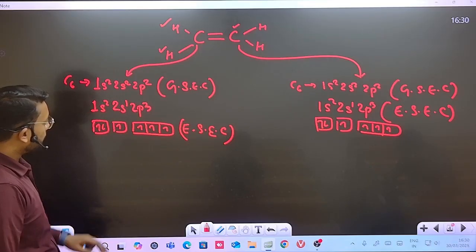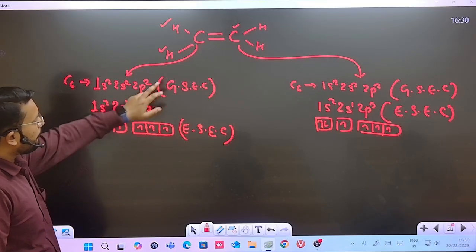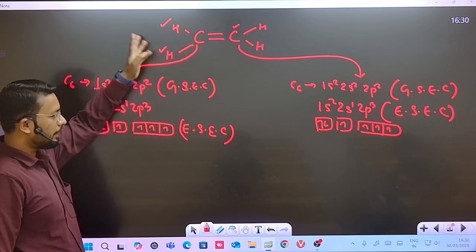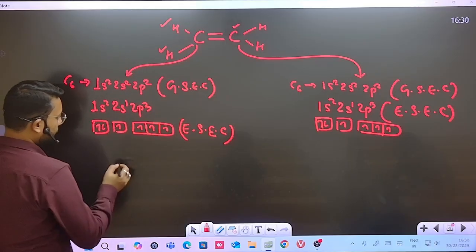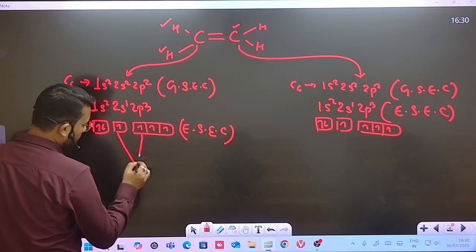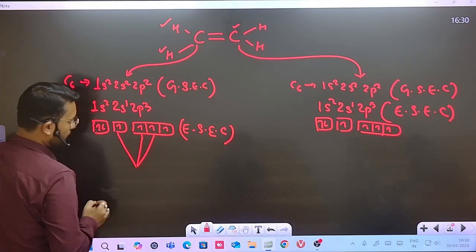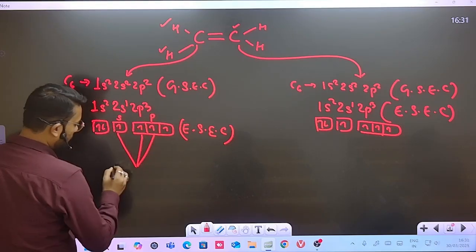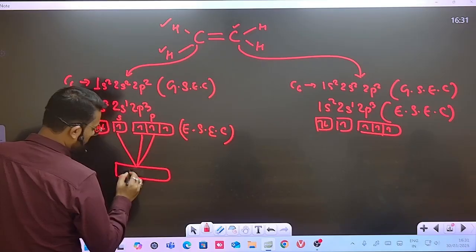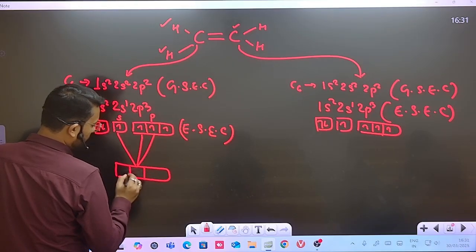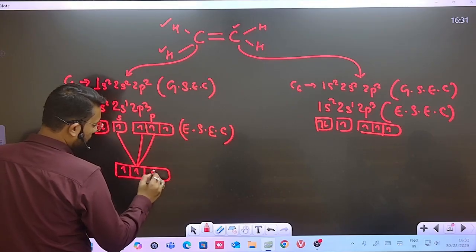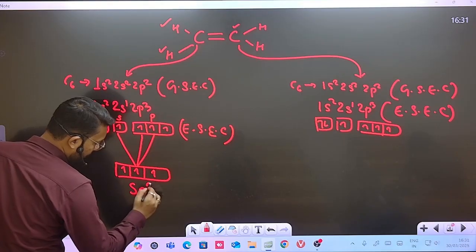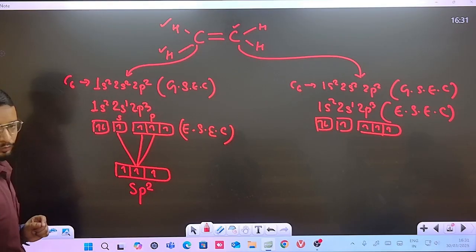So here the orbitals needed are basically 3, 1 for carbon and 2 for hydrogen. So the hybridization would take place between 3 orbitals, 1s and 2p. So the orbitals used are 1s and 2p, so its name will be sp2.